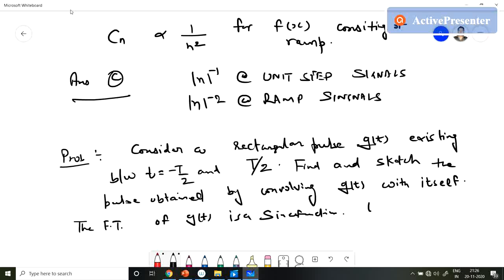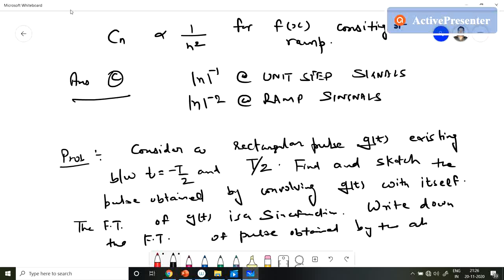So write down the Fourier transform of the pulse obtained by the above convolution. So after performing the convolution, find out the Fourier transform.